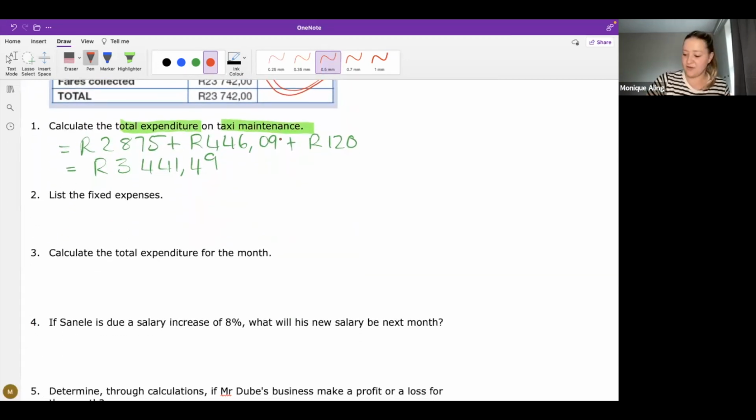So you write all the amounts down. So it's the 2,875.40 plus the 446.